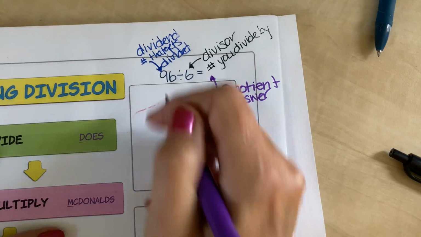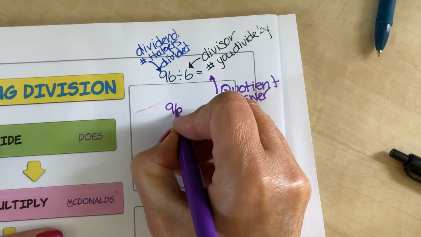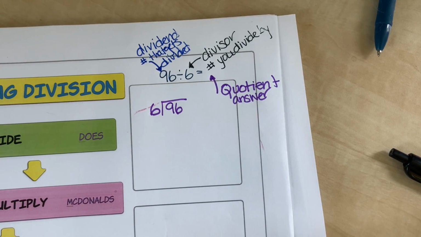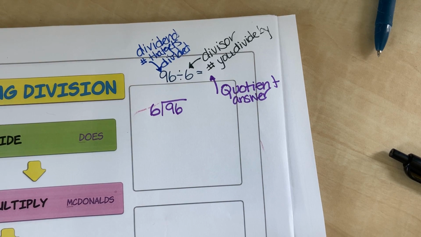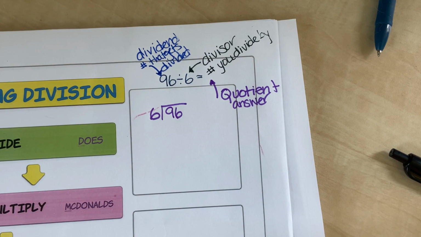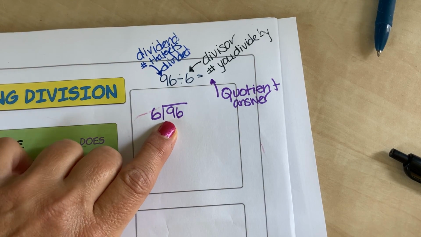All right, so let's try this problem. So if I have 96 divided by 6, I'm literally going to write it as 96 divided by 6. Okay, that's how I'm going to write that. All right, a number can't go into anything more than 9 times. 9 is the most you can go in. If it goes in 10 times, you didn't just use one number, okay?